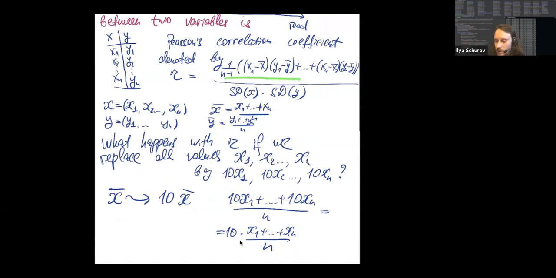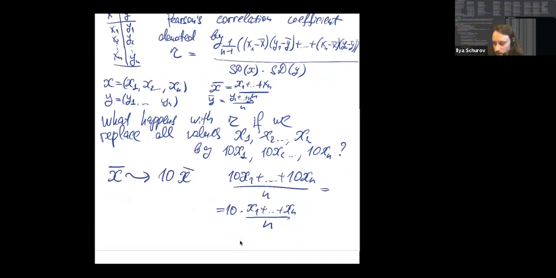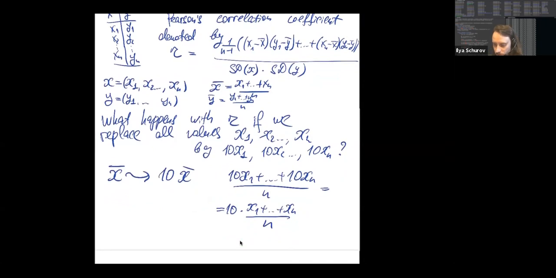And then what can we say about the numerator of this formula? So we have something like 10x1 minus 10x bar and so on.